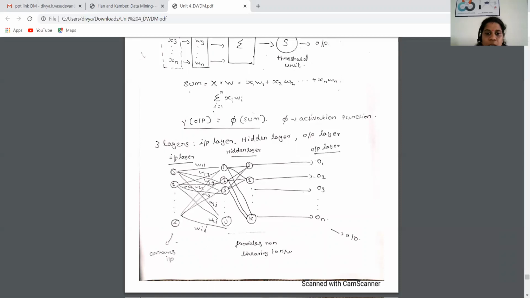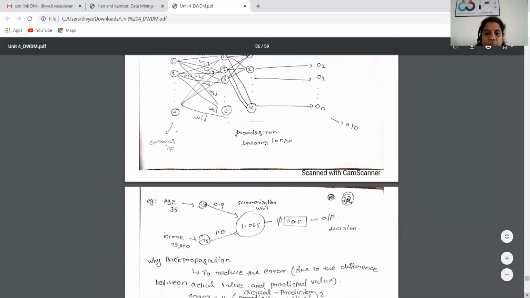Input unit 1 is connected to hidden layer 1 using the weight W11, and to hidden layer 2 by W12, W13, etc. So this is the structure of a neural network, and all these connections are associated with weights. This hidden layer provides non-linearity to the neural network.